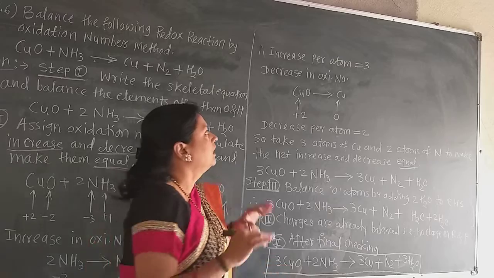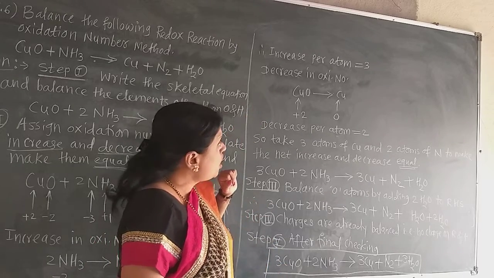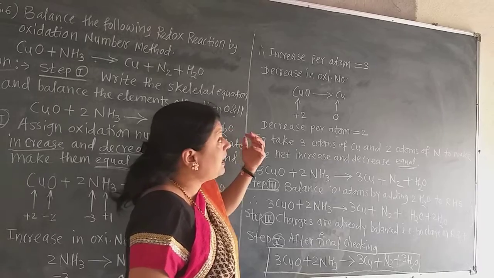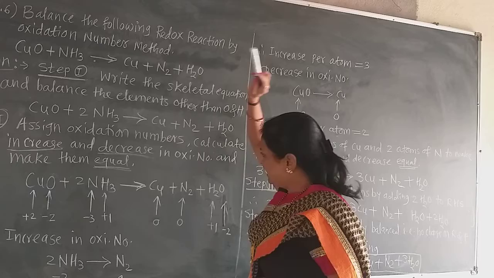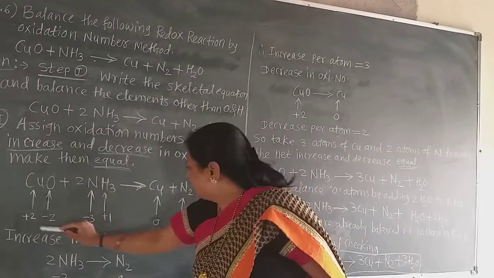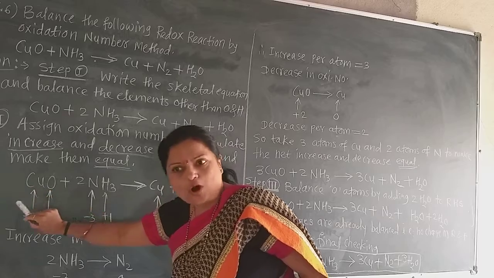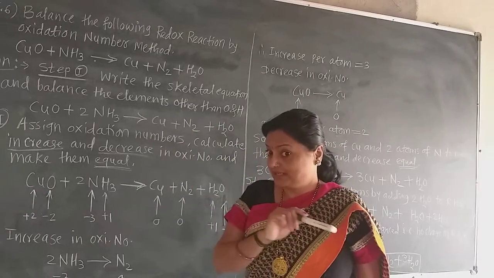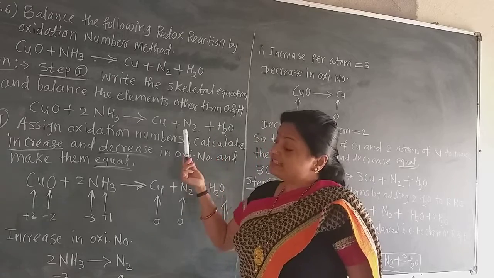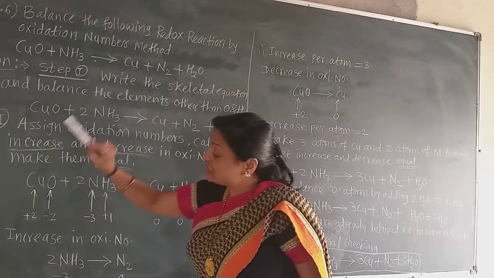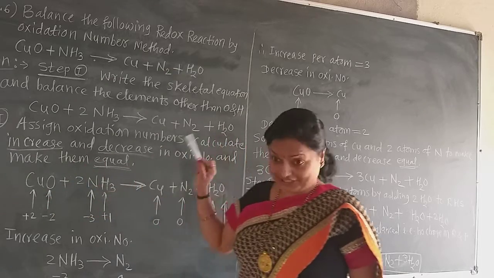If the increase is by 3, you have to multiply this 3 with the element which gets decreased. Here copper gets decreased, so multiply 3 to this copper. Always remember that the increased number is multiplied by the elements which undergo a decrease in oxidation number.